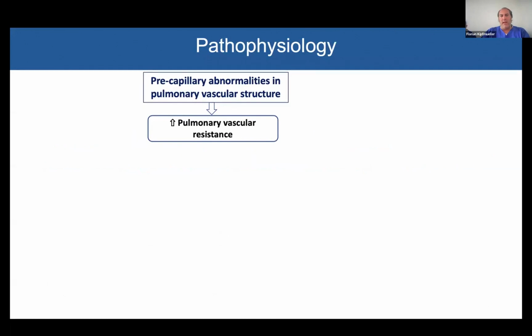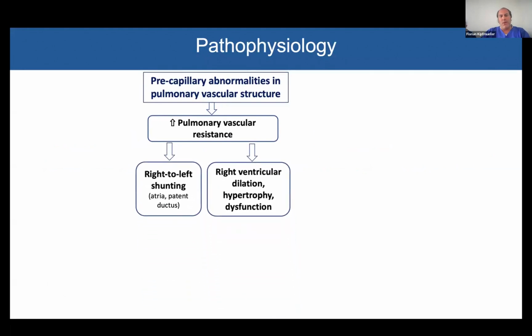So then what we can observe, usually also clinically using echocardiography, is right to left shunting, typically via the patent DA, but also sometimes via the atrium. And additionally, we see a right ventricular dilatation and dysfunction.